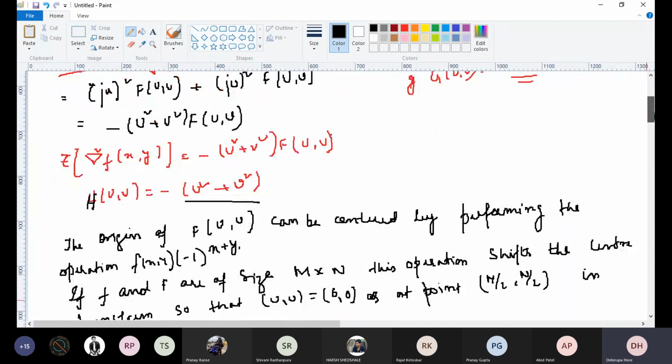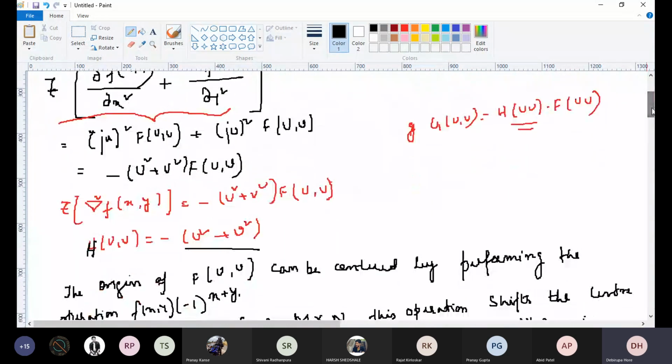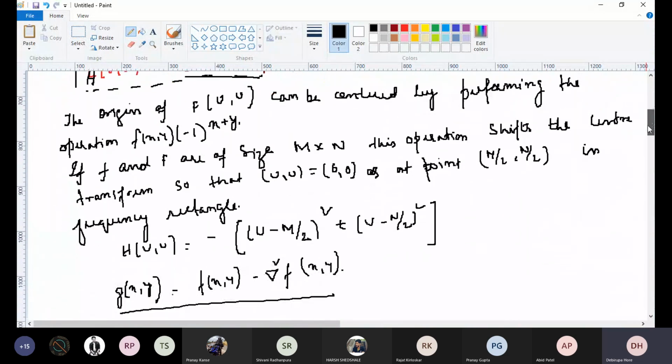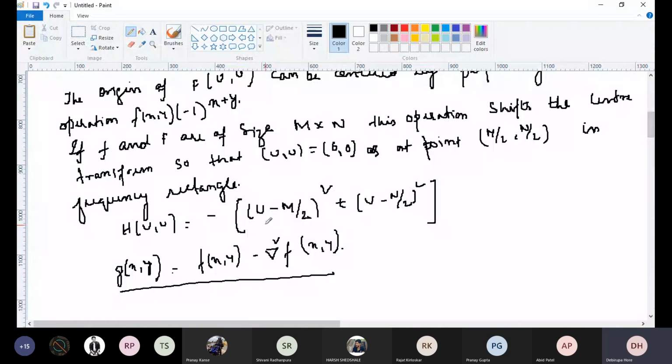So taking the Laplacian function, we can see that the filter transfer function is given by minus (u square plus v square), and if we do the transformation, then it will be this one given by equation number 2.